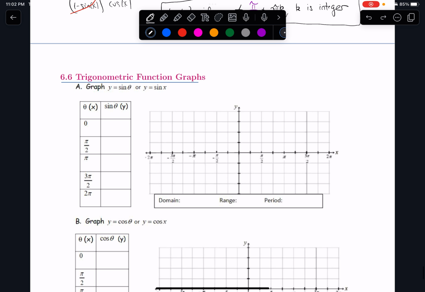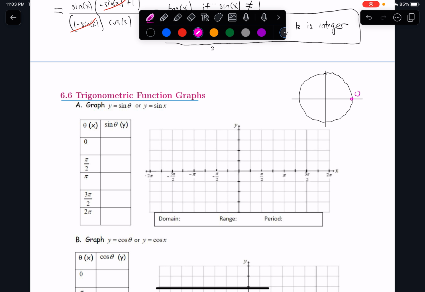To help me with this, I'm going to draw a quick sketch of a unit circle. I got my axes, I got my circle, and I don't need every single relevant angle on the unit circle. I'm just going to plug in a few sample angles like 0, pi over 2, and pi. Angle 0 is over here at this right endpoint.